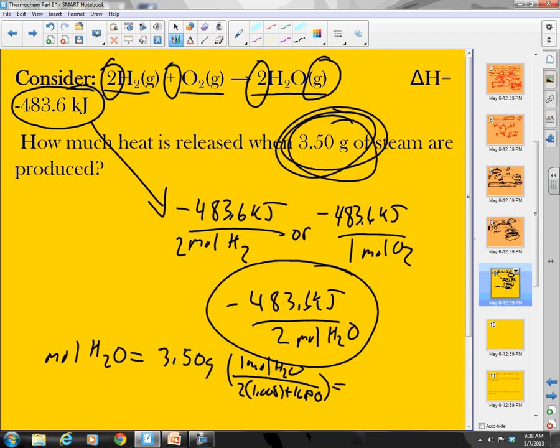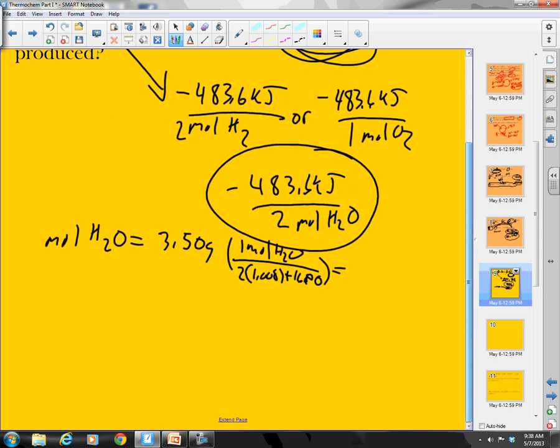Let's get out my handy dandy HP 30XA, and I take 3.5 divided by quantity 2 times 1.008 plus 16, and I get 0.1942. How many sig figs?